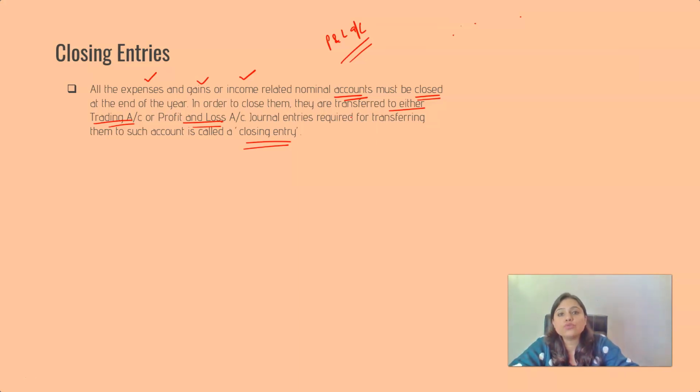So in order to start drafting the financial statements, it is very important to close all the nominal accounts and thus transfer their balances into either the trading account or the profit and loss account. Journal entries are passed when we are closing such nominal accounts and transferring them to the P&L account, and such journal entries are referred to as closing entries.